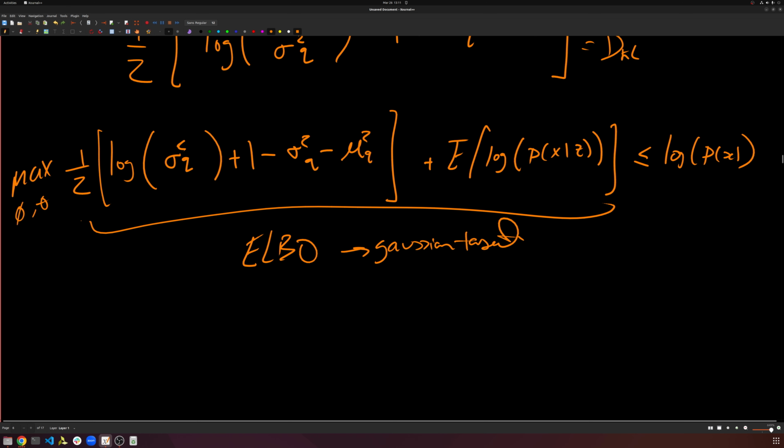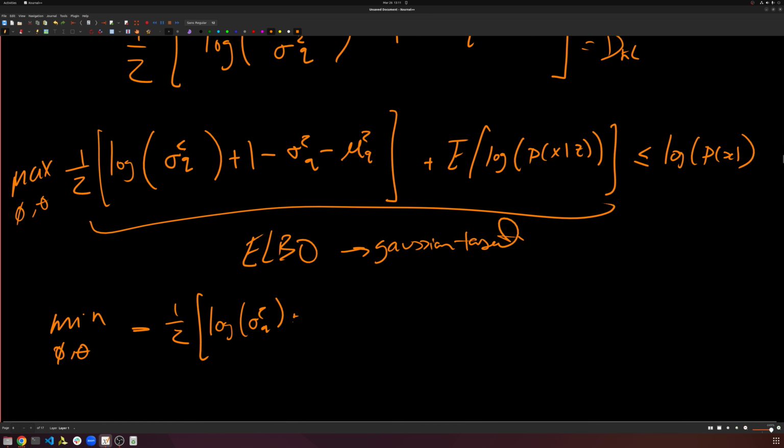Like in most neural networks, we don't ever actually maximize things, we minimize them. So instead we'll minimize the negative of all of this stuff: negative log sigma squared q plus 1 minus sigma squared q minus mu squared q. There we go.